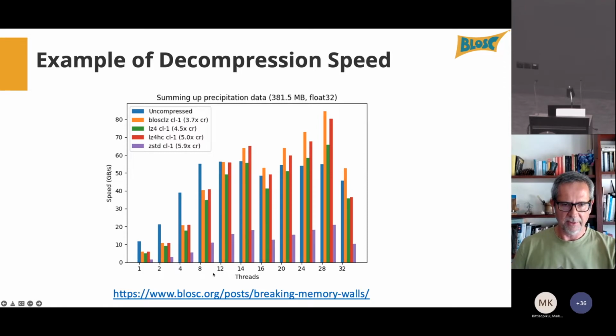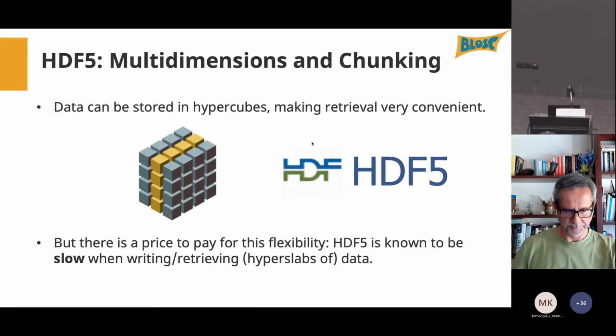We see that when we throw enough threads at the task, we can reach a point where computations combined with compression can be faster than computations without any compression at all. Without any compression, it's the blue bars, and we have different codecs here. For example, exceeding 14 threads in this machine, we can get better performance than using non-compressed data. This is one of the examples of applications that we are after.